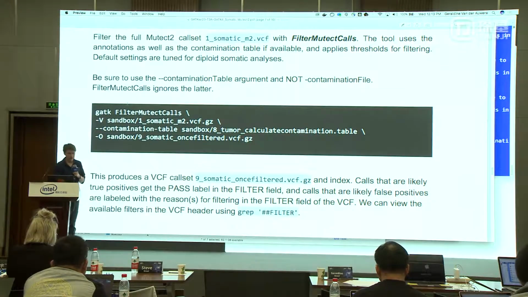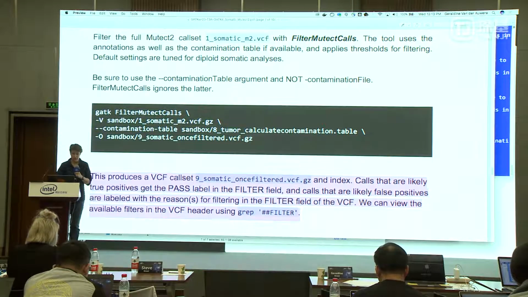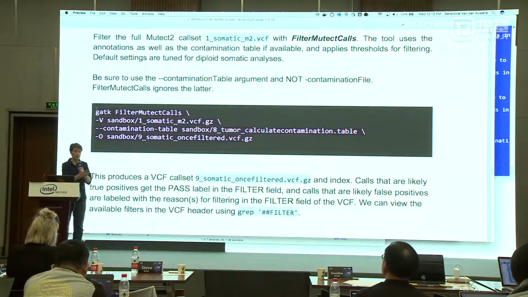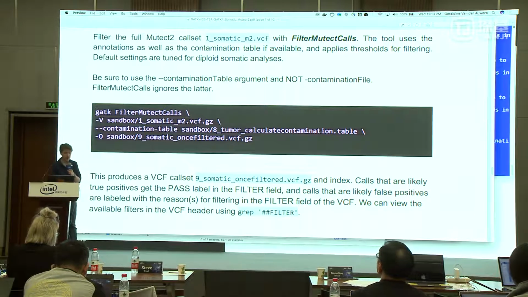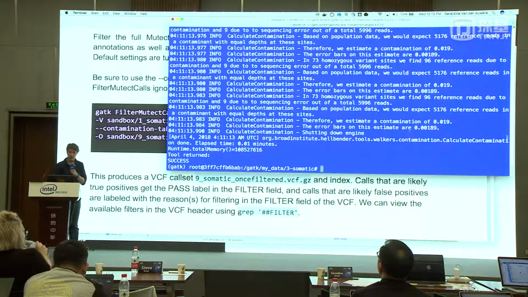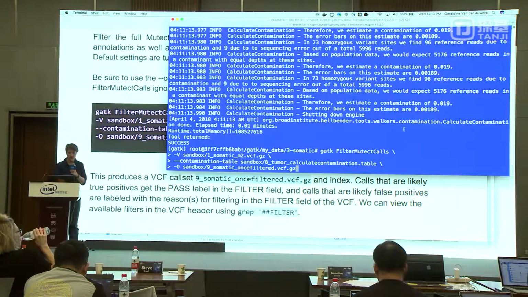So to apply this, we're going to use FilterMutect2. And the most basic thing that you should always do for filtering, it's not the only thing you can do for filtering, but it is the most basic thing, is this cross-sample contamination filter.